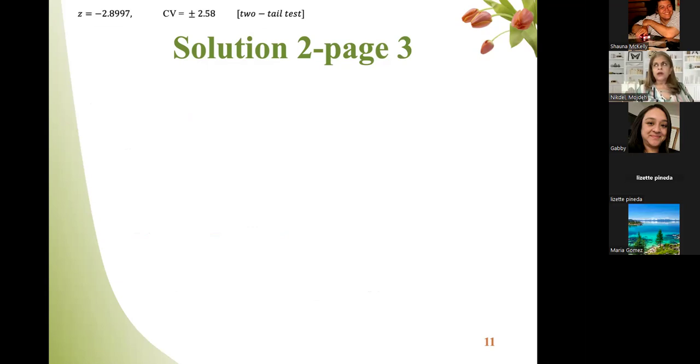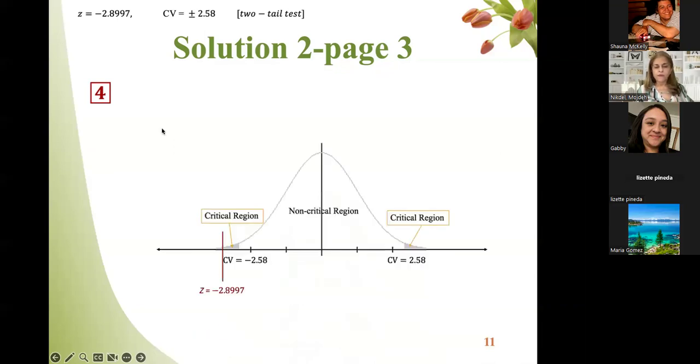Now I have to decide to reject or not reject the null hypothesis, H0. So I draw my Z curve. And remember, you had a two-tail test. You locate your critical value on your Z curve. That separates the critical region from the non-critical region. Then after you do that, you locate your test value on the graph.